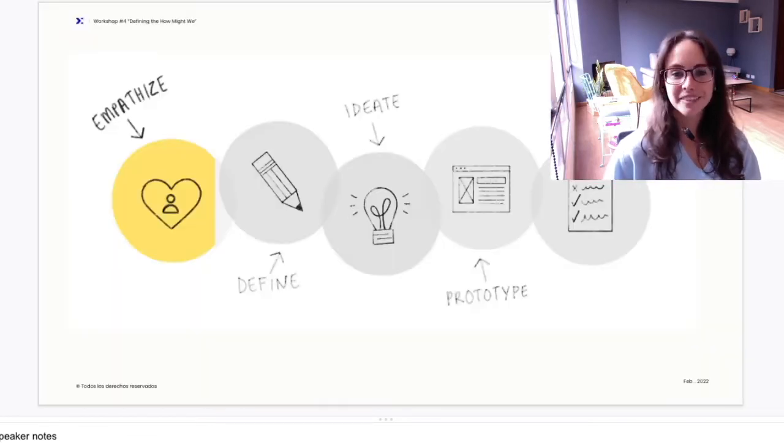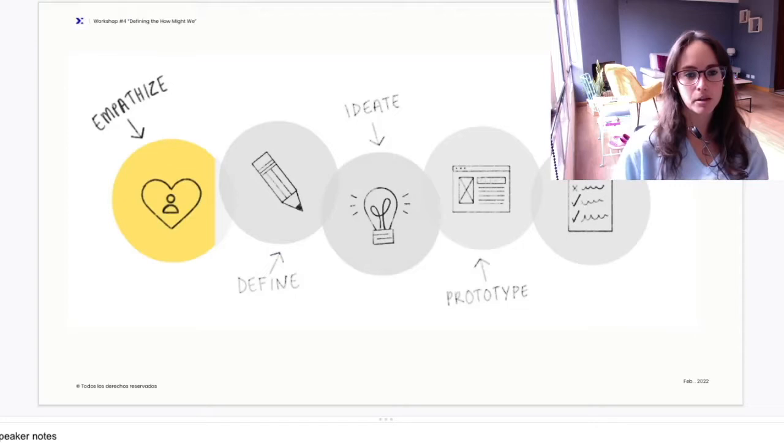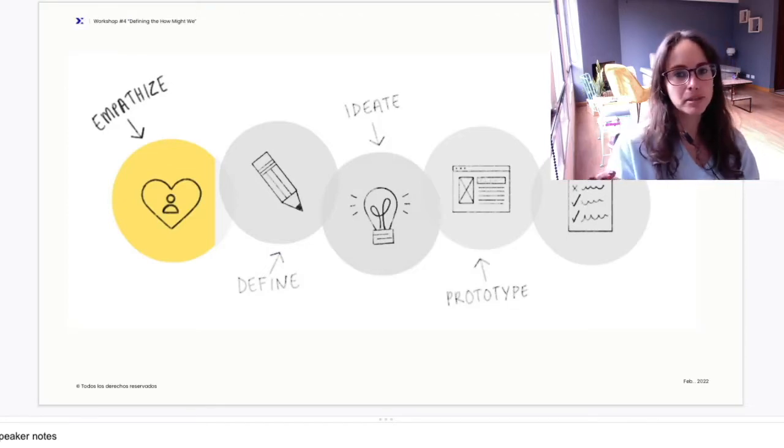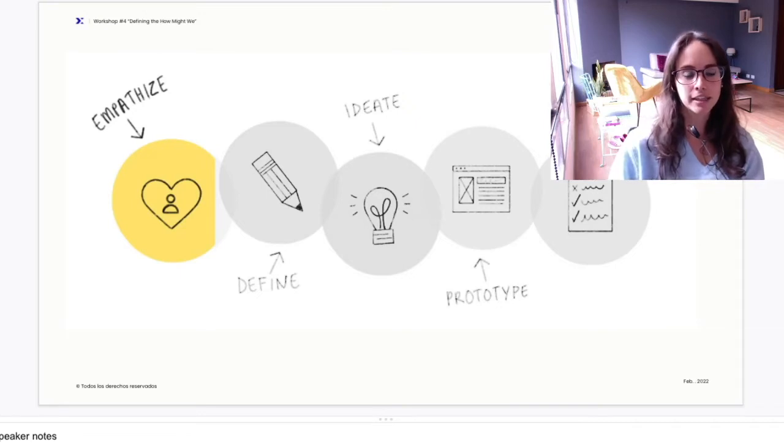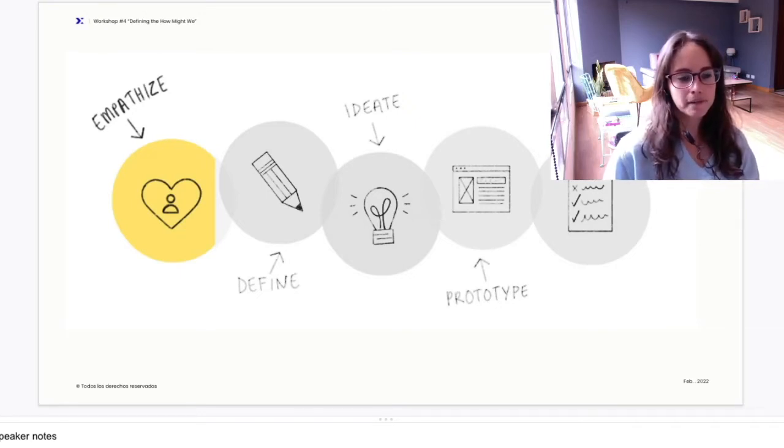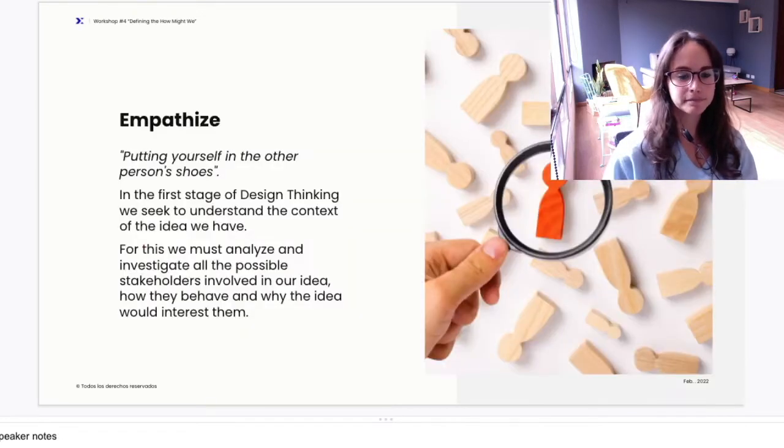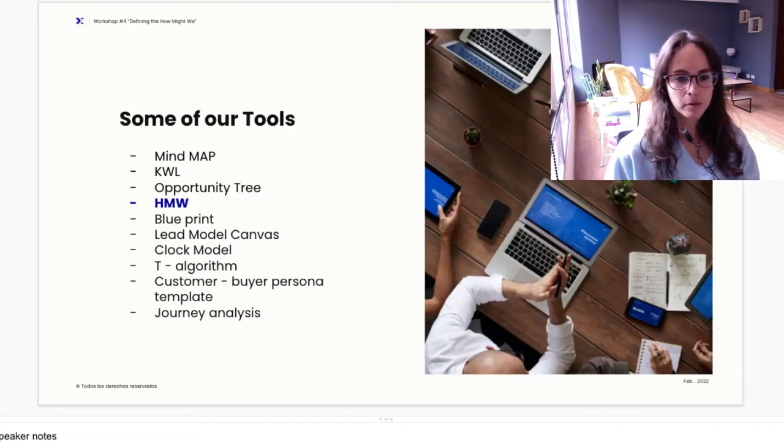Here at Axiacor, we developed a methodology that is a hybrid combination between design thinking and lean design, where the first part, empathizing and understanding really well all the things that happen around an idea, is our key to the success of our digital products. This is some of our tools.